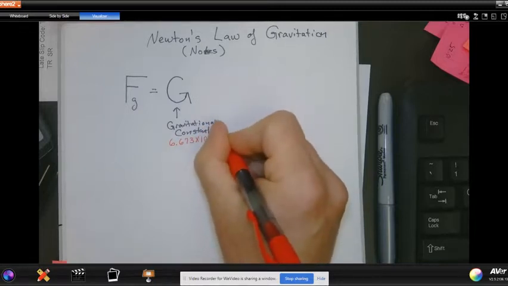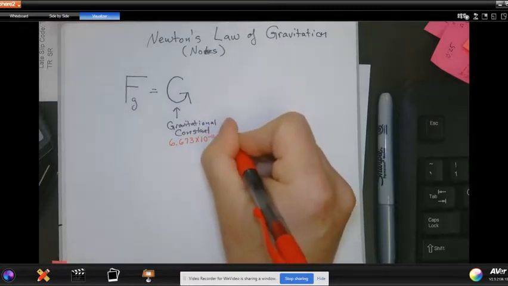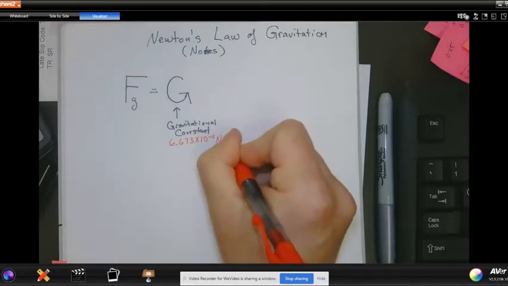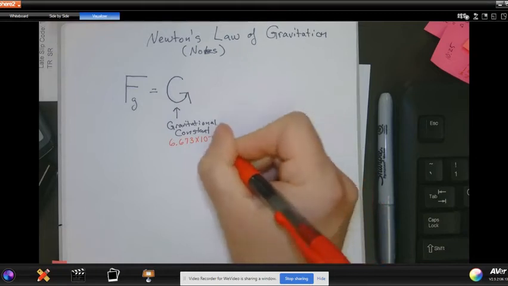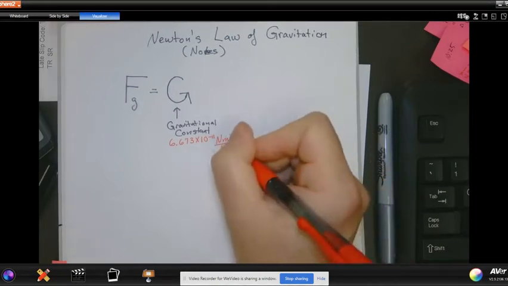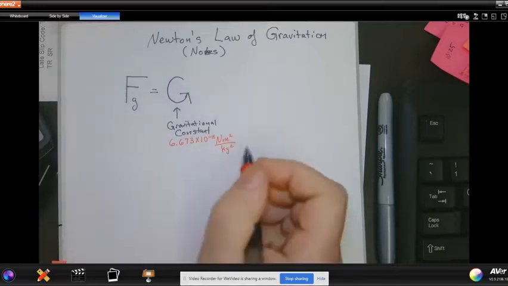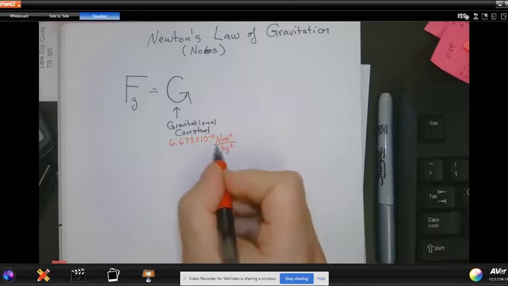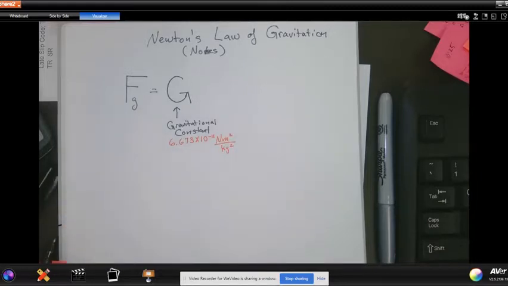This is in Newton meters squared divided by kilograms squared. Now, all of these units are important, and I can't stress that enough, so you can figure out what you're solving for in the end, and what cancels out and what doesn't. All of those things have to be taken into account.